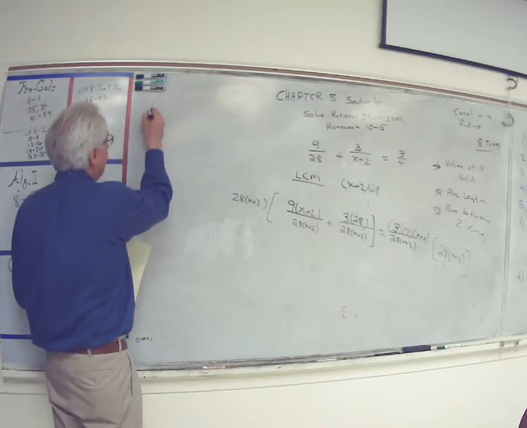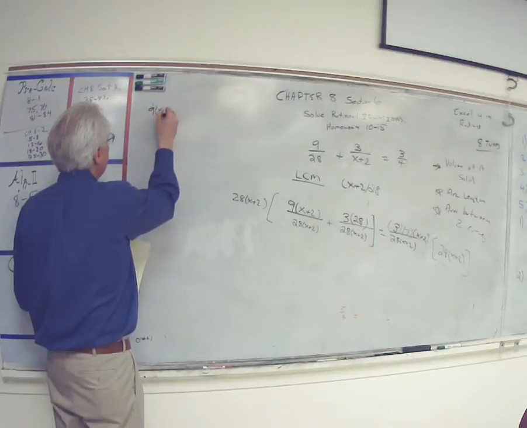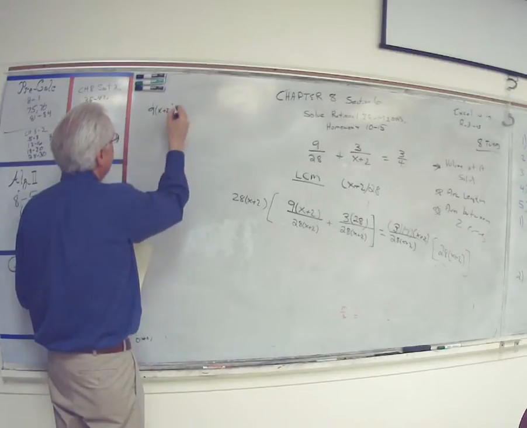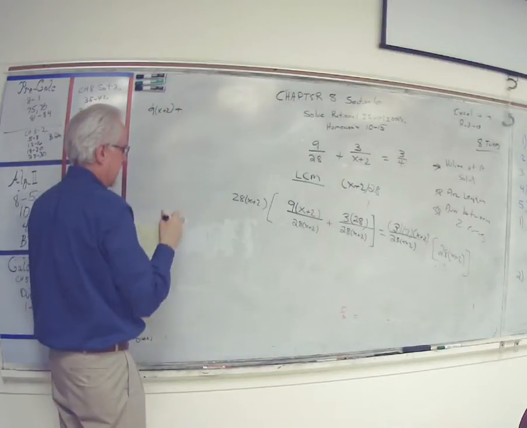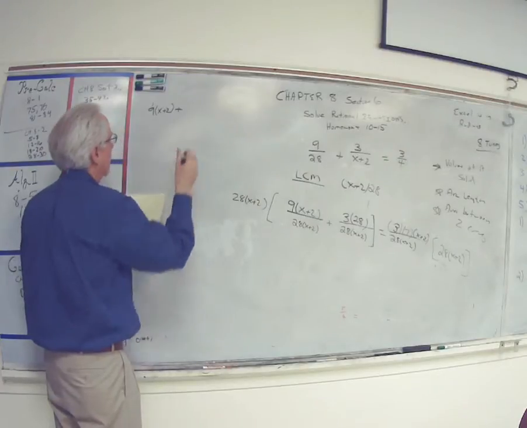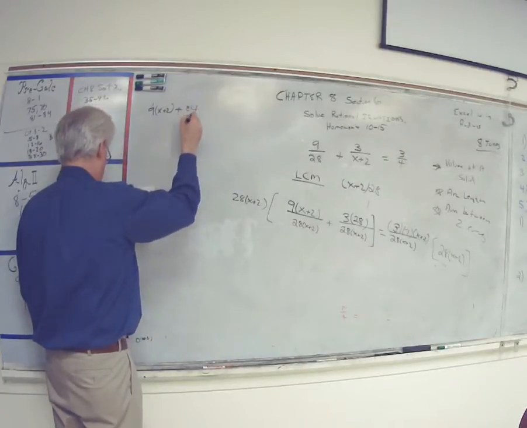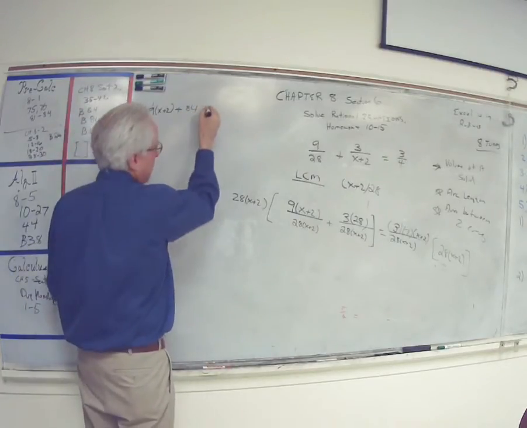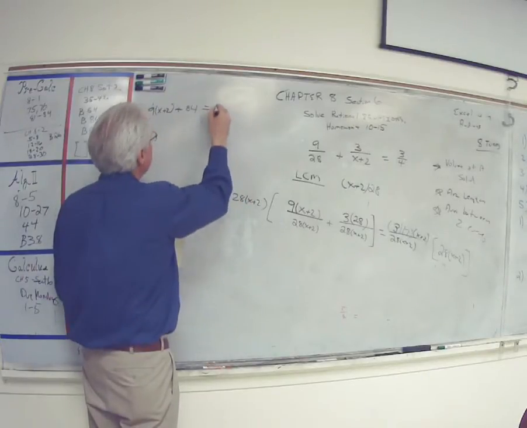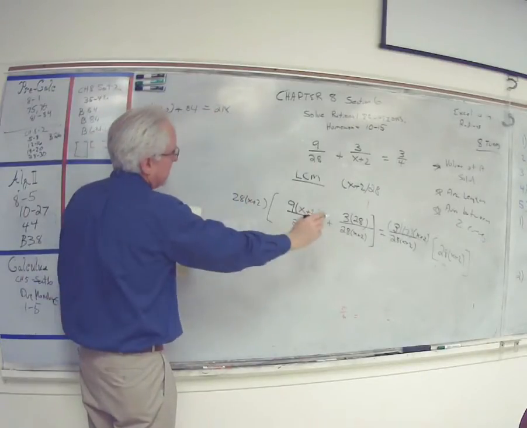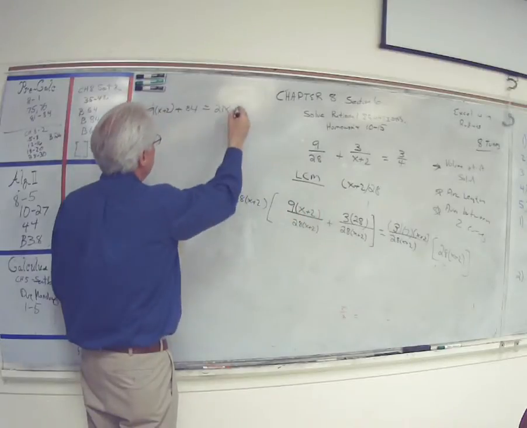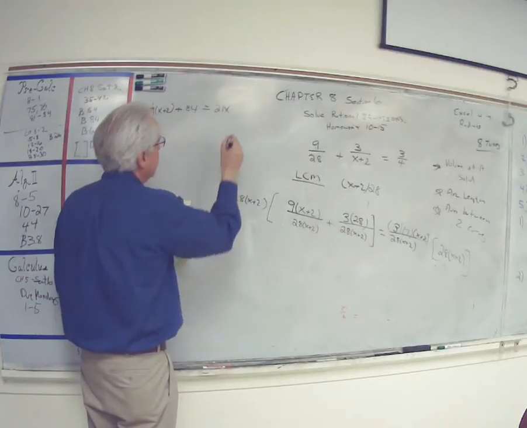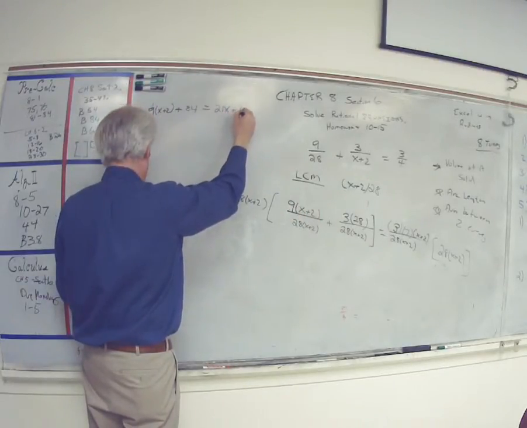So I'm going to have 9 onto x plus 2, plus what's 3 times 28? 84. Okay. And that's going to be equal to 21x plus what? 21 times 2 is 42.